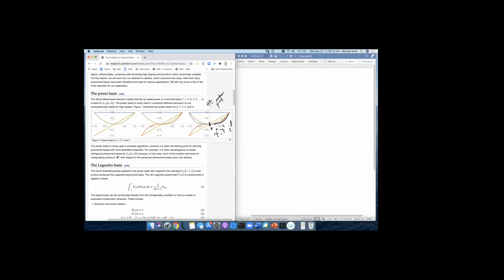As the polynomial degree goes up, these functions begin to closely approximate one another, and that leads to what you could call numerical linear dependencies.